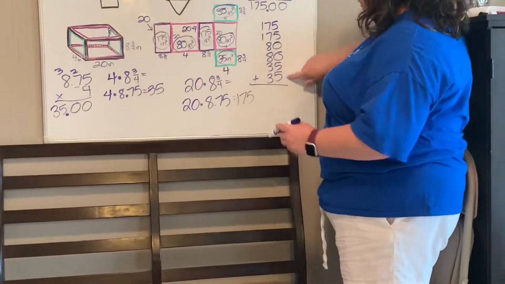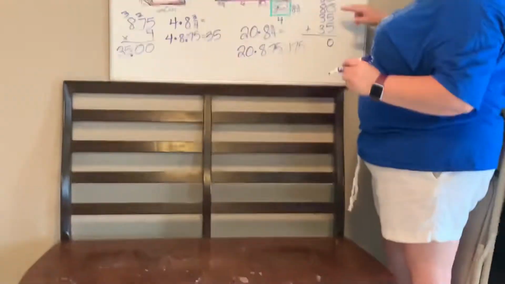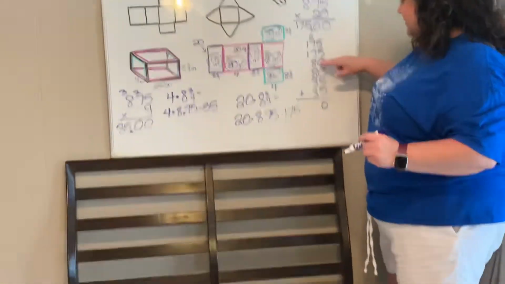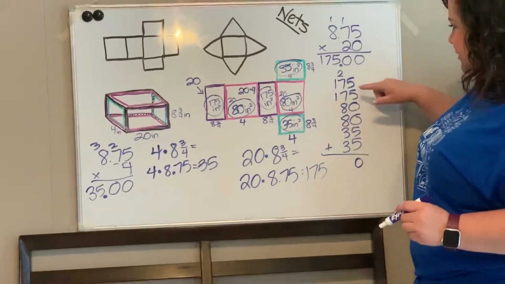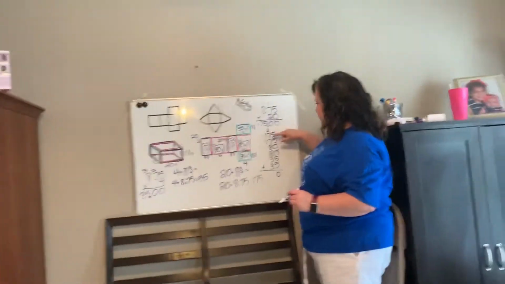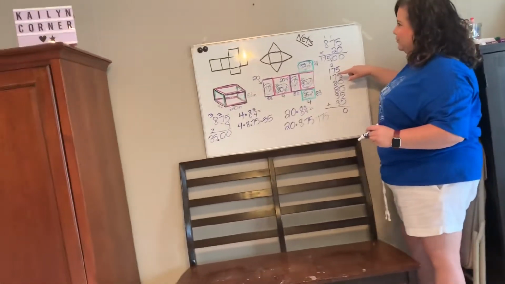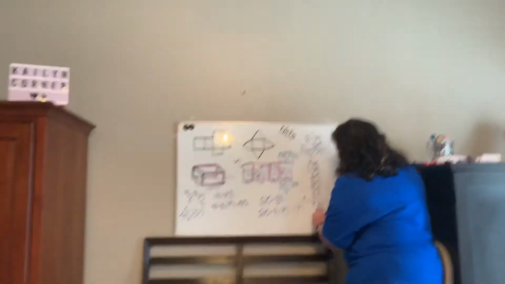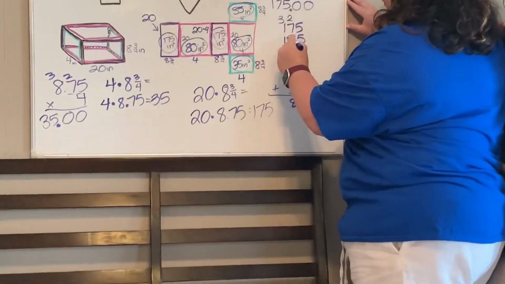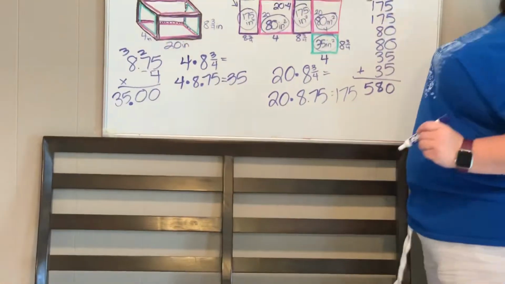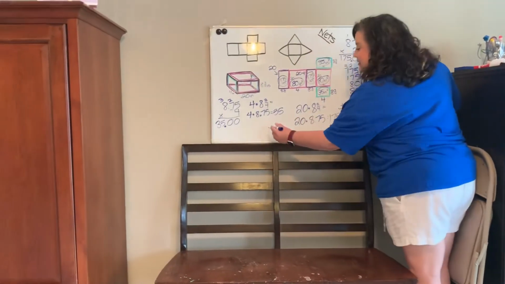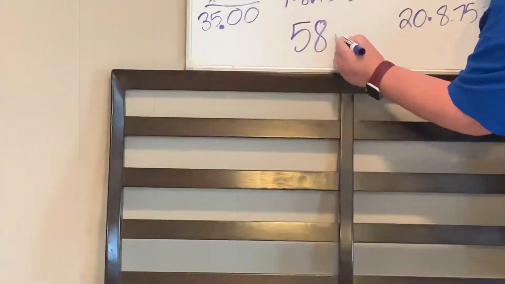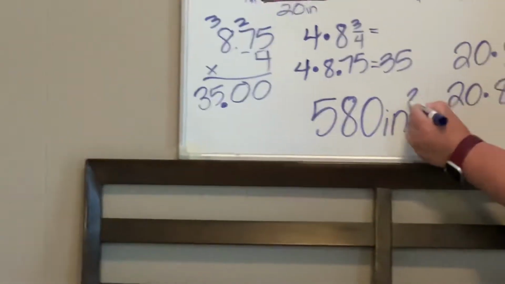So 5, 10, 15, 20. Let's hope I don't mess this up. 8 and 8 is 16, 17, 18, 19, 20, 21, 22, 23, 24, plus 14 is 38. And then 3, 4, 5, and that's 580. So the answer to finding the surface area of this whole thing is 580 inches squared.